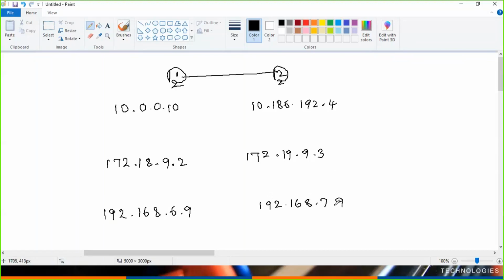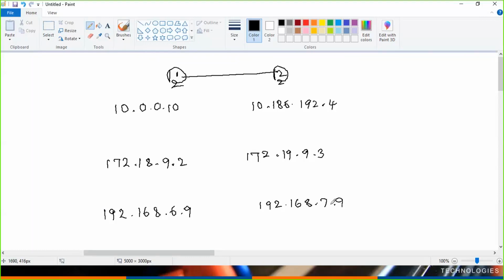Will they communicate? So this is the logic we need to understand, guys. What is the logic here? To communicate, all devices in your network should be in the same network address. Device 1 and device 2 should be in the same network. Like if you have 10 devices, all devices in the network should be in the same network.